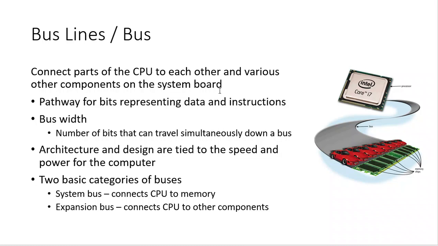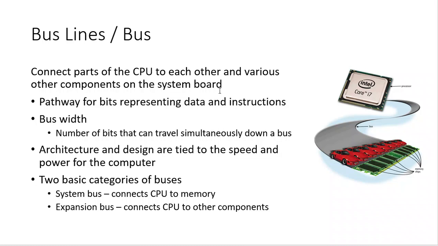Okay, sebab data dalam komputer kini dalam bentuk bit. Bit tu adalah binary digit dalam bentuk 0, 1, 1, 0 dan sebagainya. Okay, 0 dengan 1 sahaja. Okay, architecture and design are tied to the speed and power for the computer. So bus width ni lah akan menentukan speed juga. Okay, two basic categories of buses.